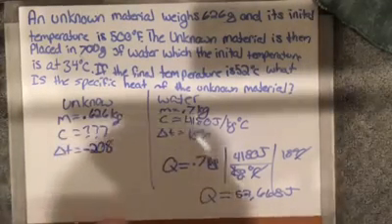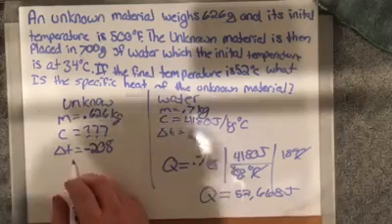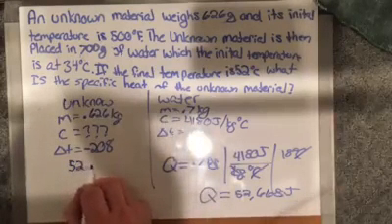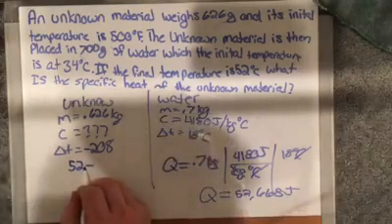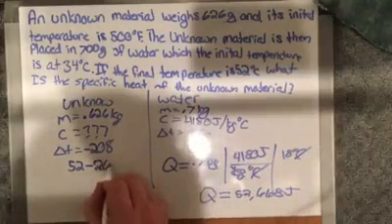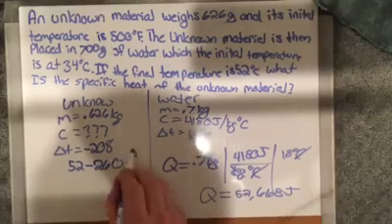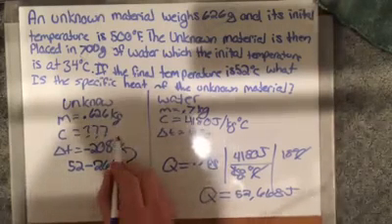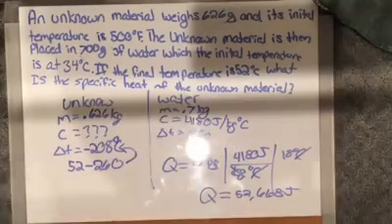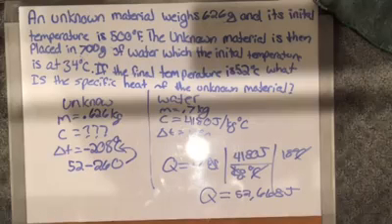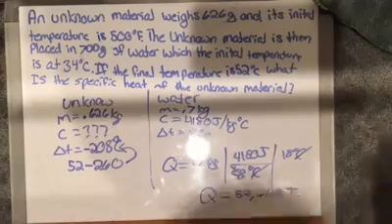To find this one, you take your 52, the final temperature, minus our 260, which is the initial temperature, and that will get you negative 208 degrees Celsius. Next, we're going to take all those and plug them into that equation.